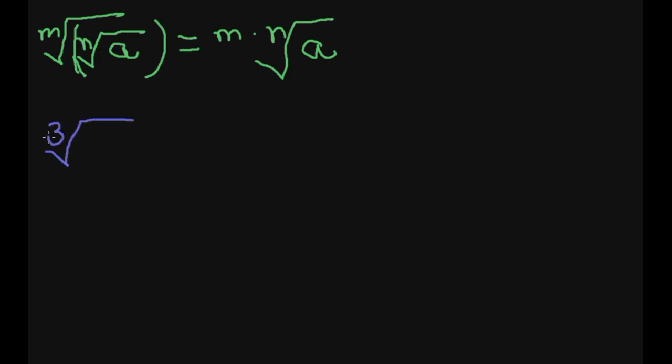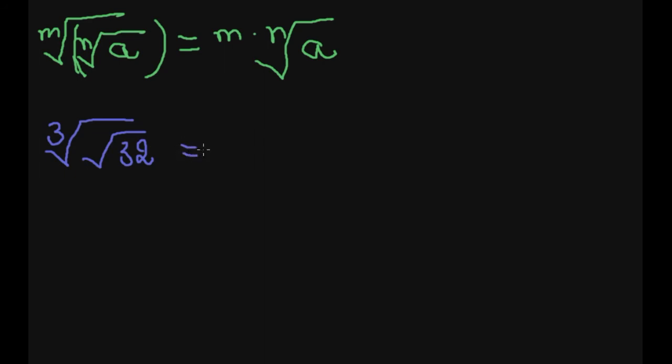Cube root of square root of 32. So it means the cube root is of 32, and the square root is also of 32.